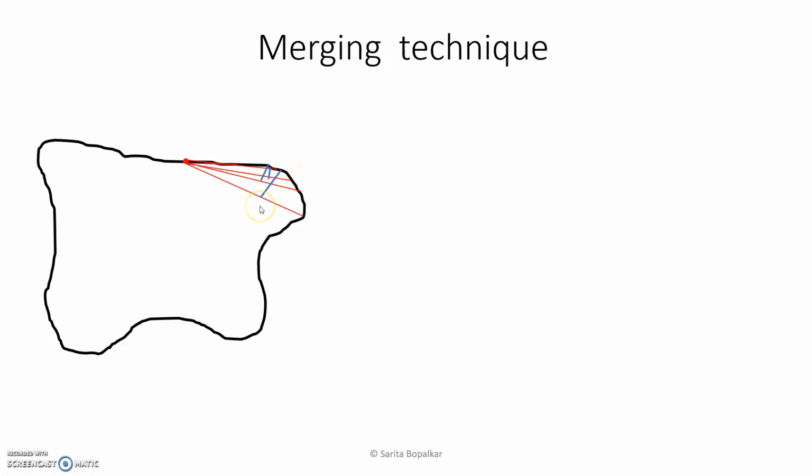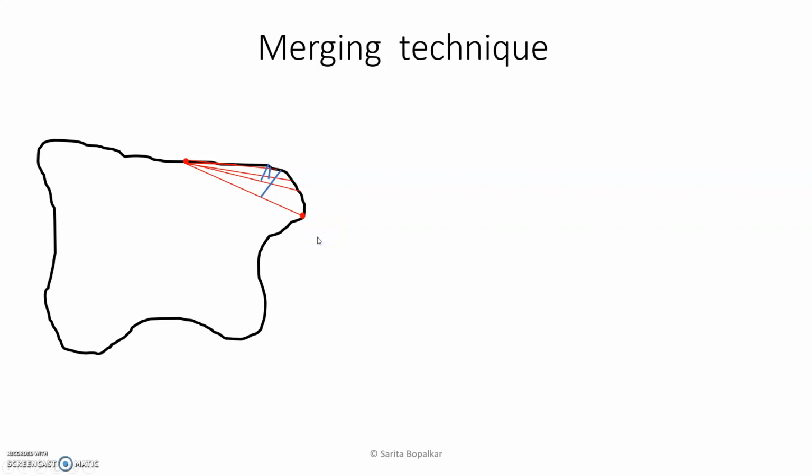And we will define some threshold here, and if this maximum perpendicular distance is greater than the threshold, then we will consider the next start point from that line segment. Now let this perpendicular distance be greater than the threshold. So the next start point will be this one, and we will start merging the points from this boundary point.